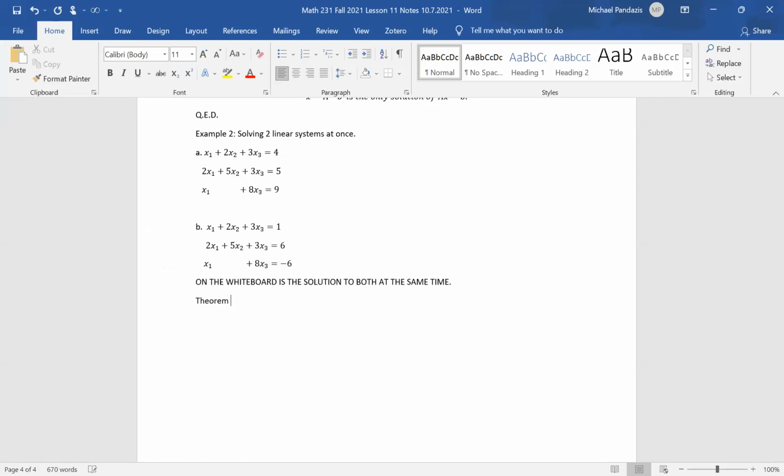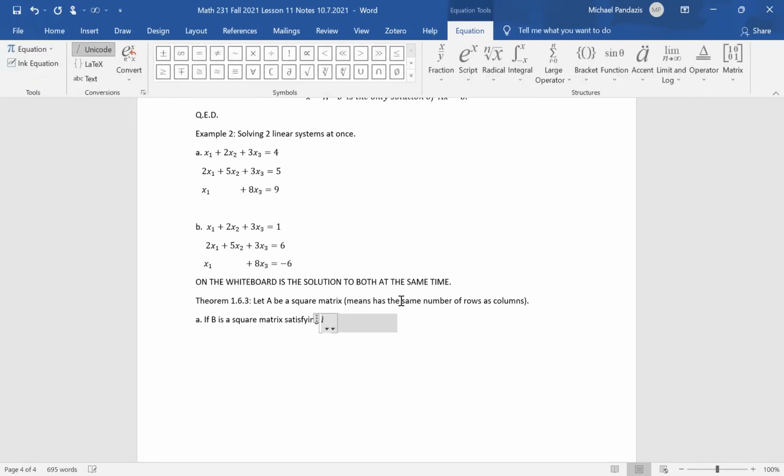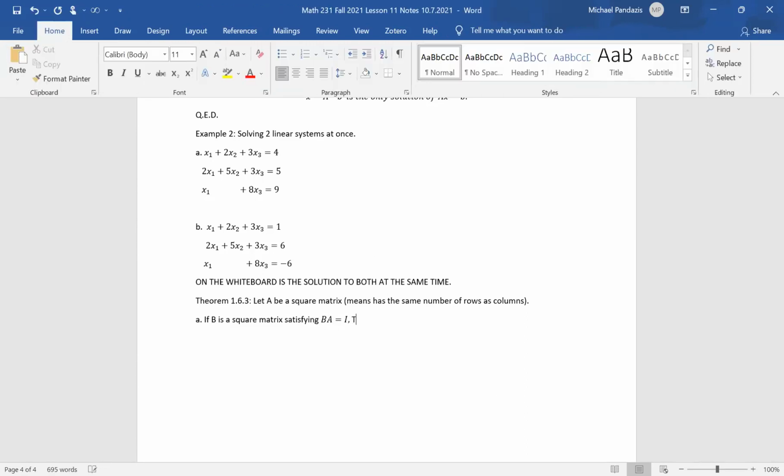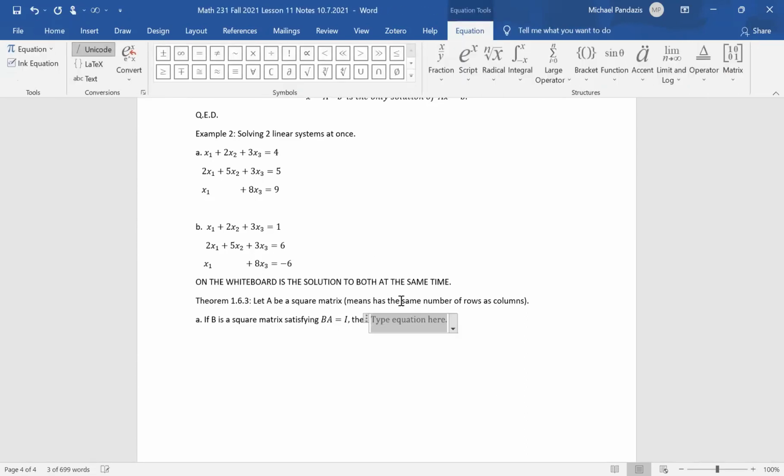So next is theorem 1.6.3. Let capital A be a square matrix. That means it has the same number of rows as columns. As a reminder, part A says if B is a square matrix satisfying BA is equal to I, then B is equal to A inverse.